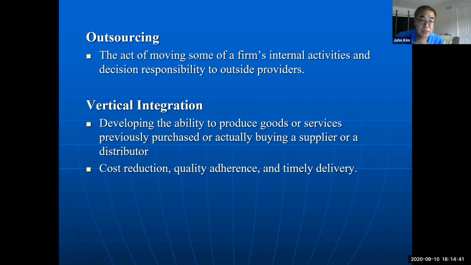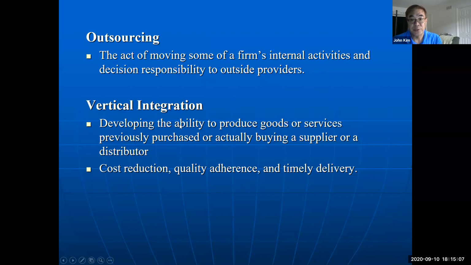So outsourcing sends out functions; vertical integration brings back all functions. Outsourcing is the act of moving some of a firm's internal activities and decision responsibility to an outside provider.